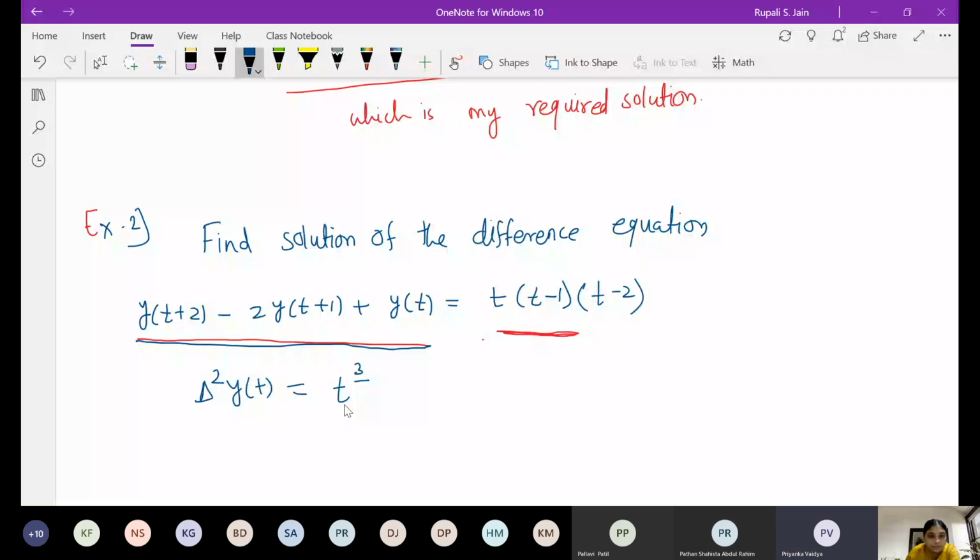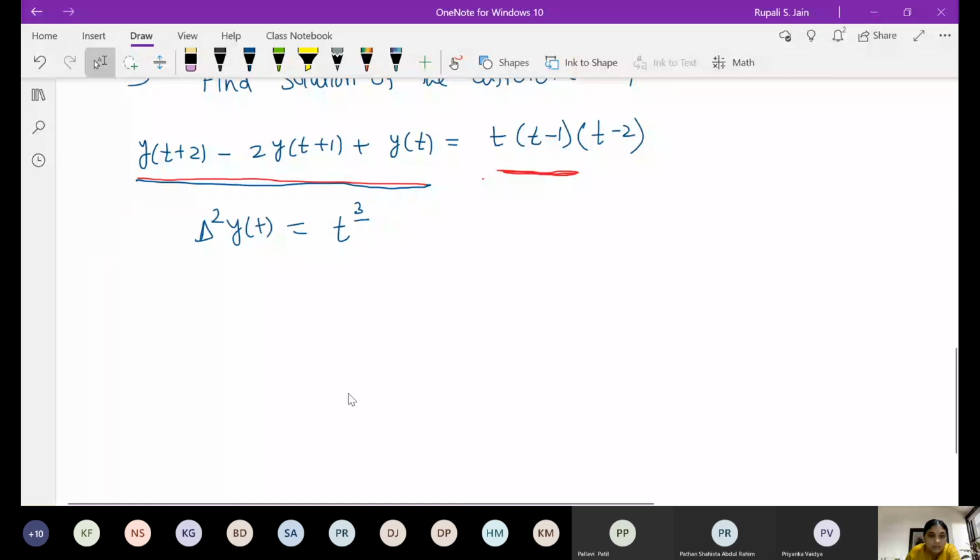Now what I have to do? I want here t to the 3 falling. So what should I take so that it's delta square, I will get t to the 3 falling?